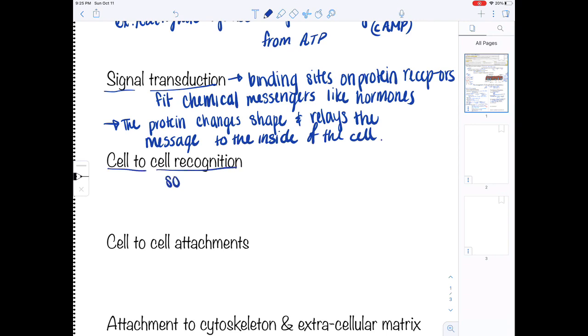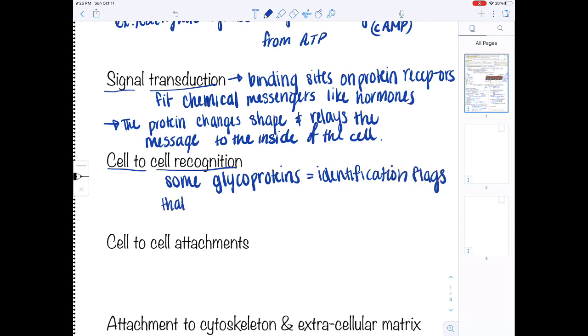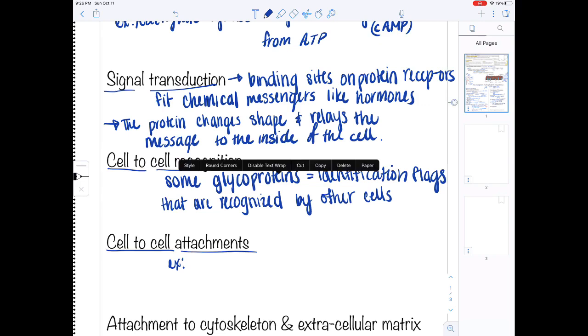The next function we have is our cell-to-cell recognition. So some of our glycoproteins are in charge of identification. They serve as identification flags that are then recognized by other cells. So this would be the function we're getting from our glycoproteins.